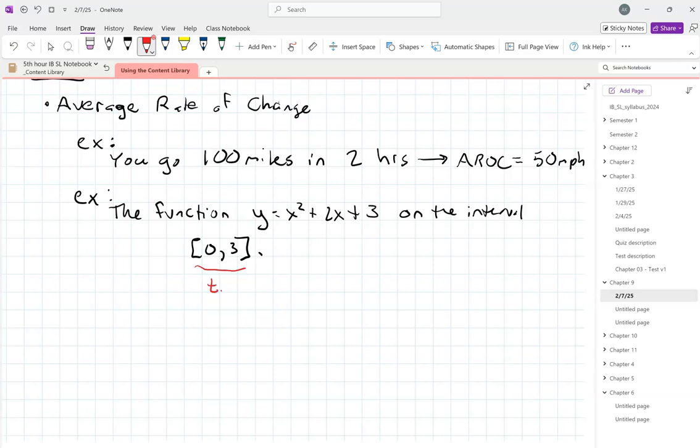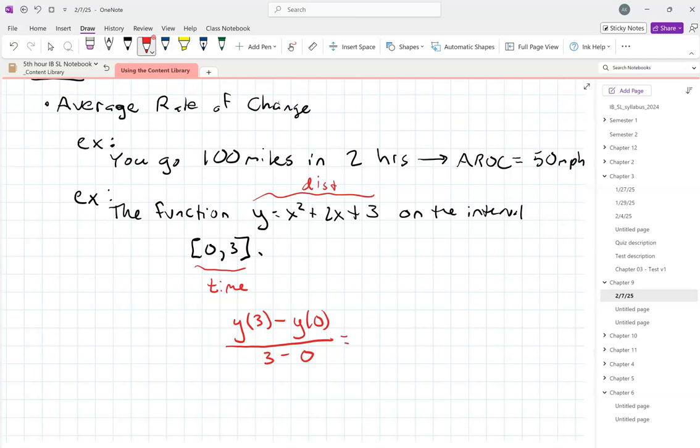Well, this is kind of like our time, and this is kind of like our distance. So we're going to do this the same way. We're going to want to take the change in y divided by the change in x.